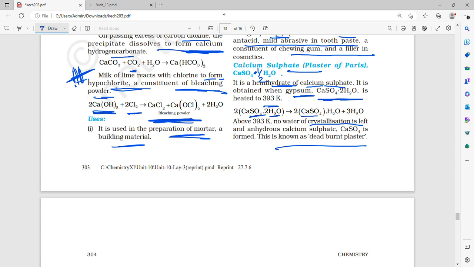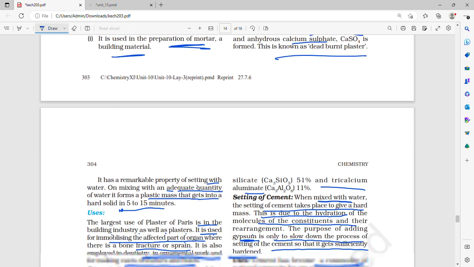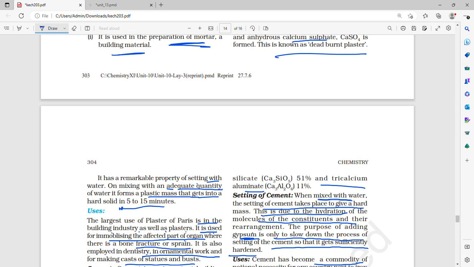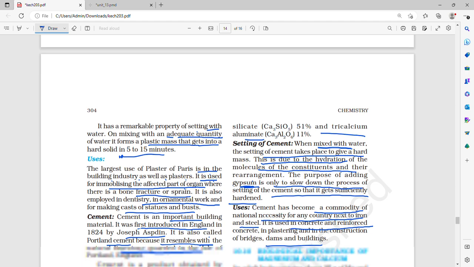Above 393 Kelvin, no water of crystallization is left, and we get anhydrous calcium sulfate, which is called dead burnt plaster.